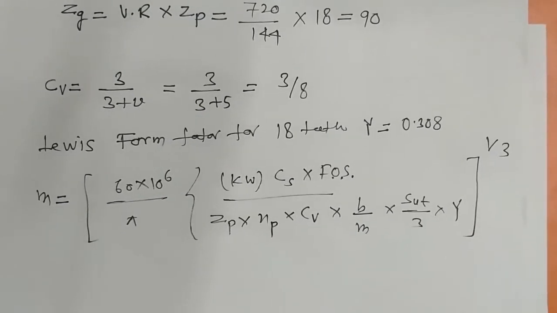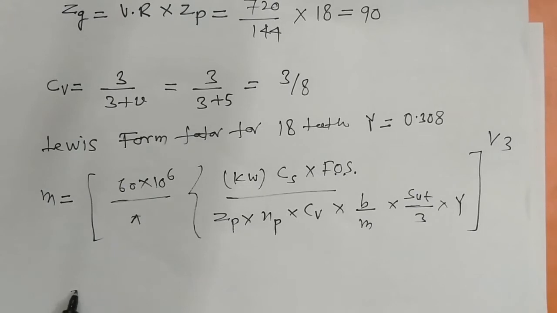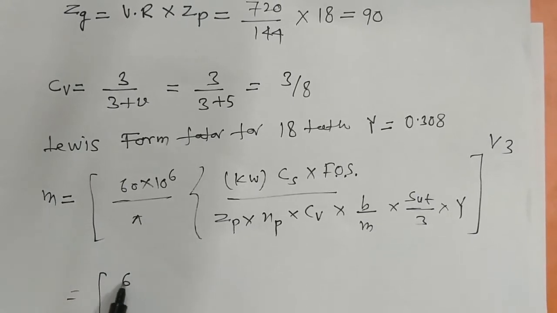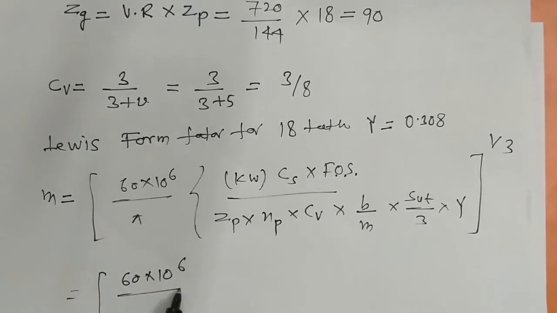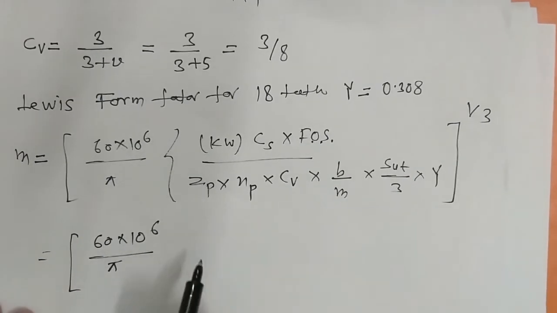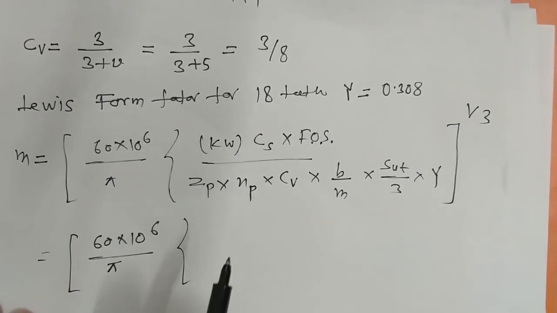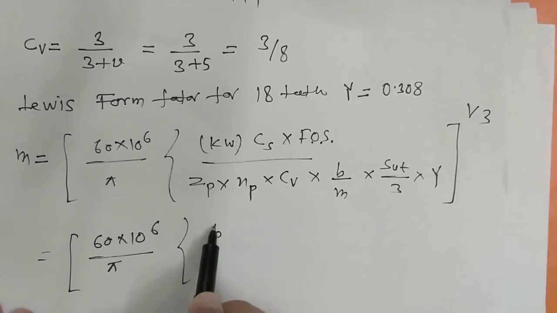So here we can put all the values: 60 into 10 raised to power 6 divided by pi. Power is given as 5 kilowatt in the problem, so this is 5.